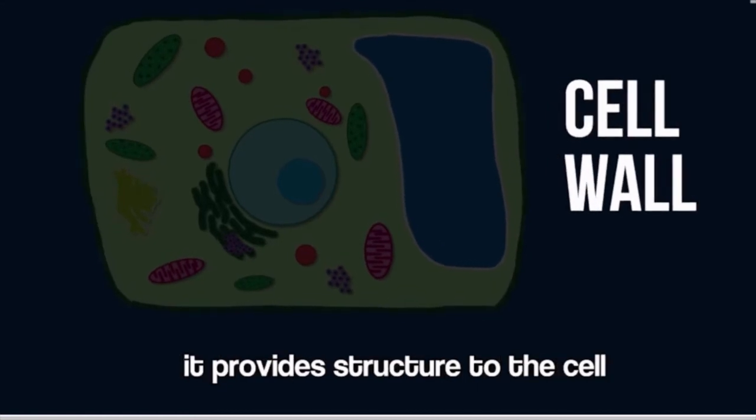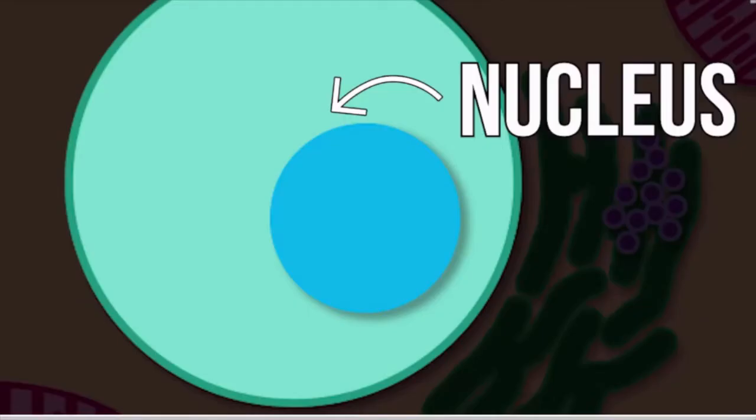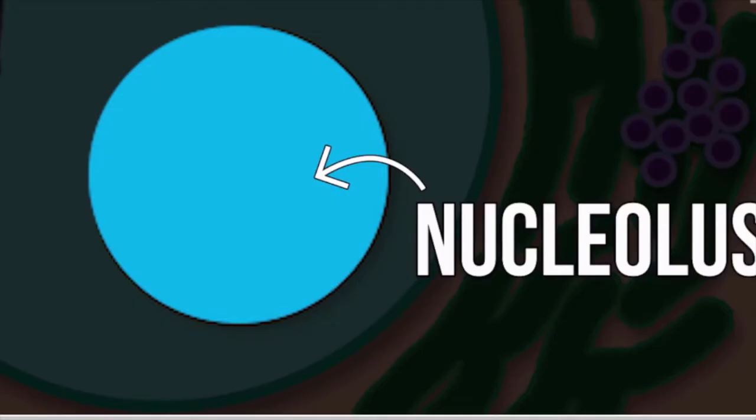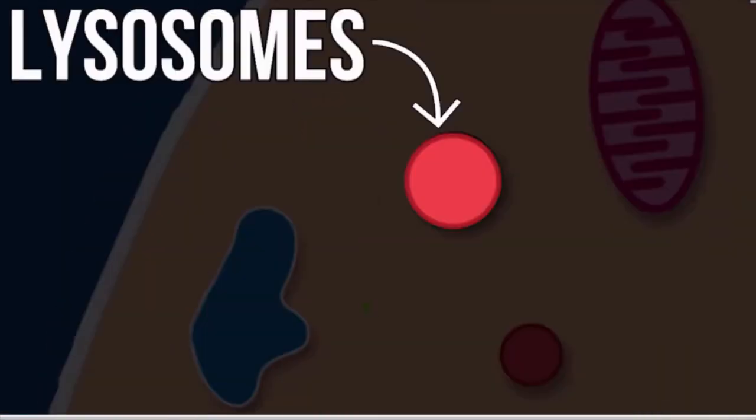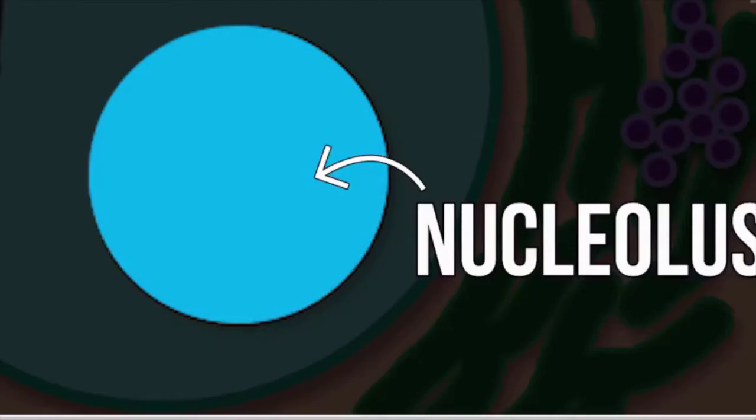It provides structure to the cell. Cell membrane, mitochondrion, lysosomes, ribosomes, cytoplasm, nucleus, ER and Golgi body, and the nucleolus.